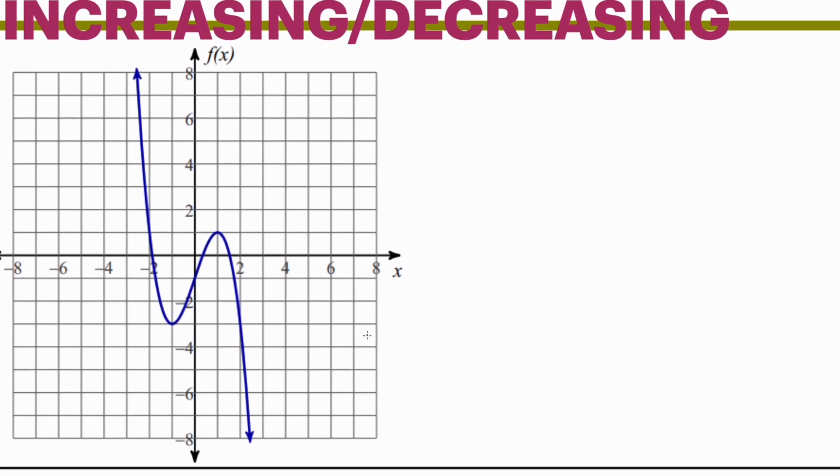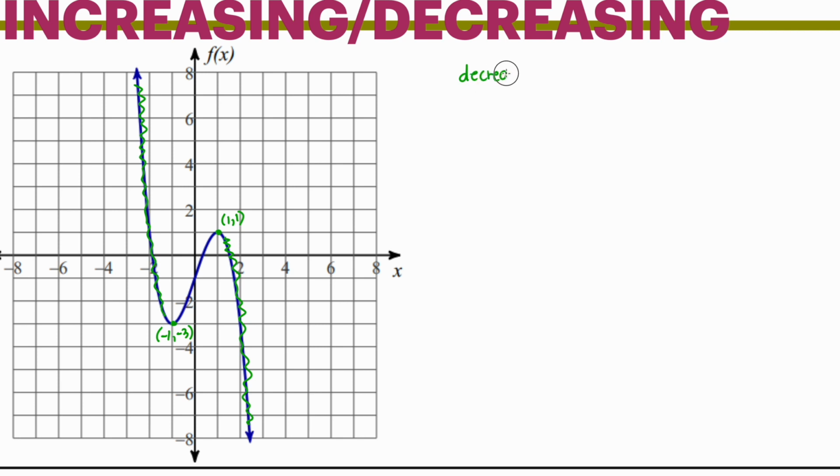So in this case, you are looking for those points. Basically, you look for turning points first. So this turning point is -1, -3, and this turning point is 1, 1. You locate the turning points first, and then you decide the increase and decreasing. So it is decreasing all the way heading to this point, and then from this second point all the way down.